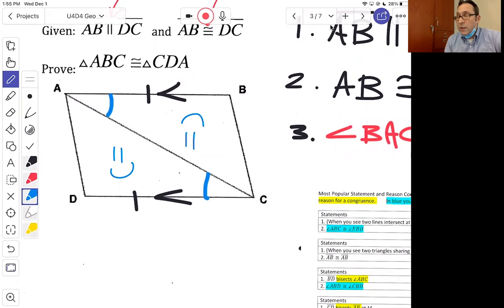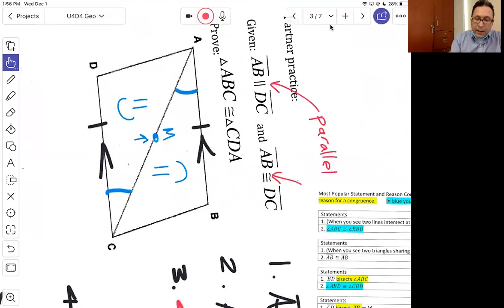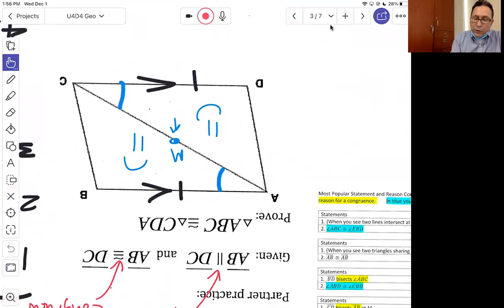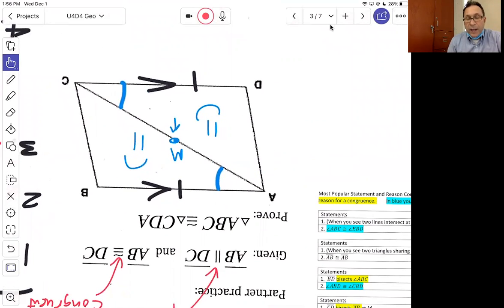So the rigid motions I'm thinking of are either a reflection, a rotation, or a translation. And you might know it by looking at it, that one triangle has been turned upside down on this point here on the diagonal AC. So that point right there is the midpoint of AC. And if we rotate that first triangle 180 degrees, it becomes the second.